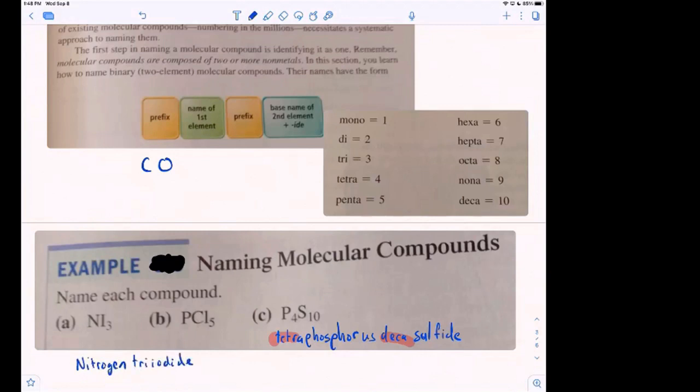And I tell you, if you have a spell checker for a word processor, they hate it when you name compounds. So you're going to see lots of red squiggly lines. Because it wants you to put an abbreviation or a dash between the two I's. They just don't keep them in the dictionary. I mean, how often does nitrogen triiodide come up?